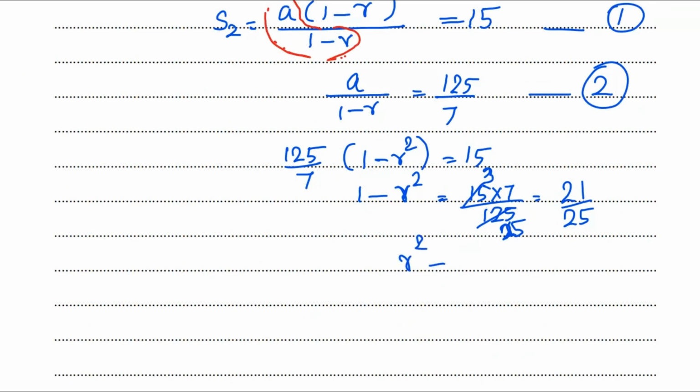So what is R square? R square equal to 1 minus 21 divided by 25, which is equal to, the LCM is 25, 25 minus 21 will be 4 over 25. So R will be equal to plus or minus 2 divided by 5.